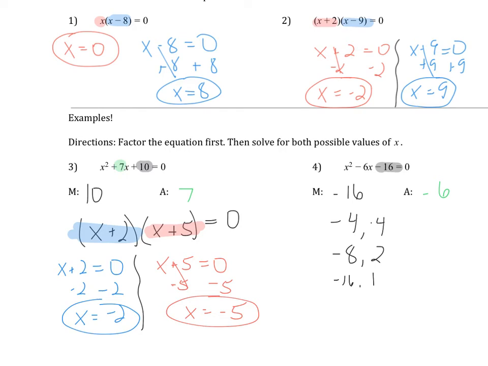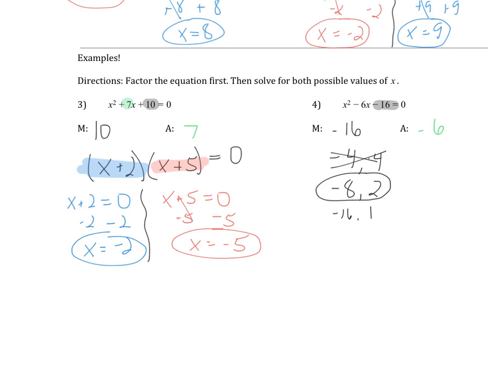So if I try this out, negative 4 plus 4 is 0, so that doesn't work. Negative 8 plus 2 is negative 6. So ding, ding, ding, that one is going to work. And I'm going to use those two numbers to write out my factors. So my factors would be x minus 8 and then x plus 2.